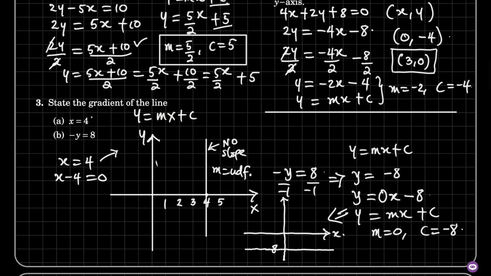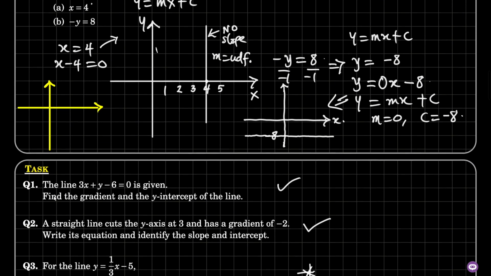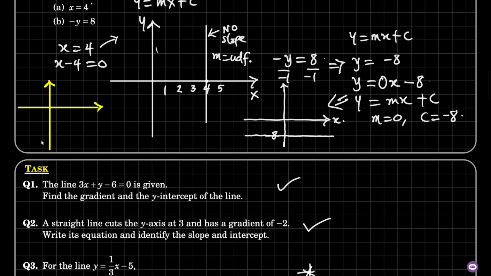So if I'm to draw the line for that, okay, so let's say this is where minus 8 is, below here. So if I draw this line, this line, because this is on the y-axis, right, and this point here, which is the minus 8 that you have here, is on the y-axis.